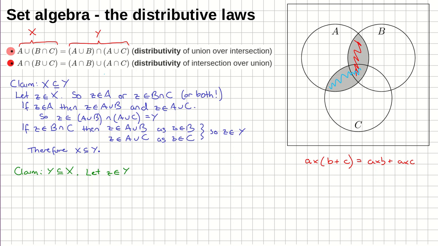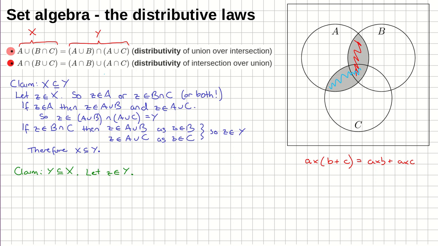Okay, so Z is in A union B intersect A union C. That's what Y is. All right, well, again, let's split into two possibilities. This thing Z, either it's in A or it's not in A, right? Those are the only two possibilities.